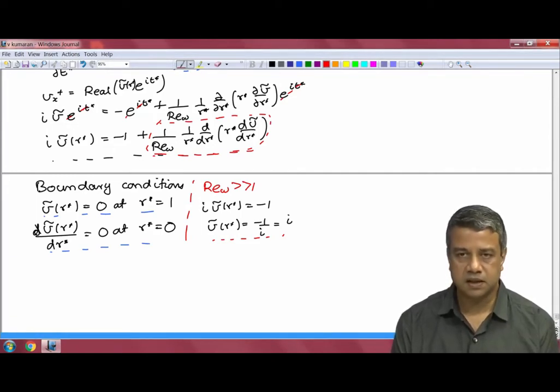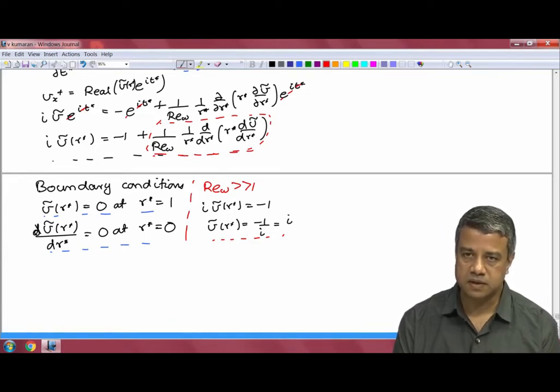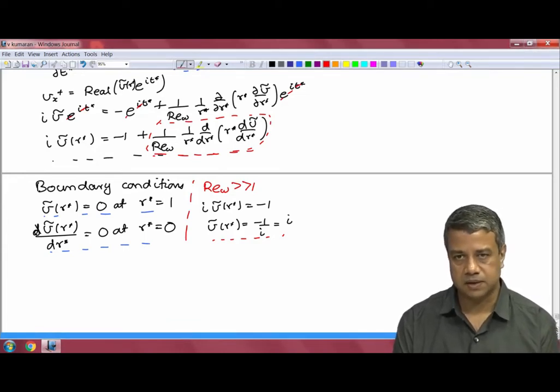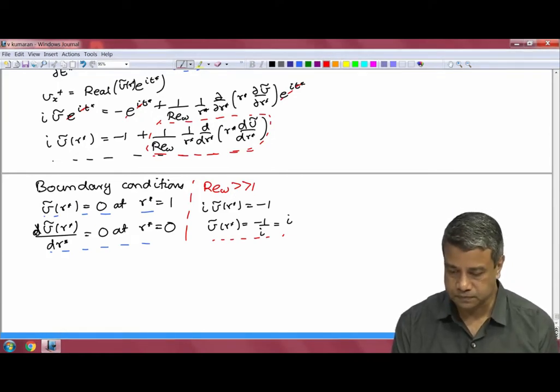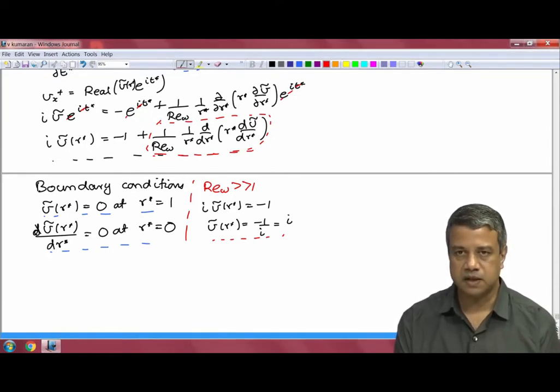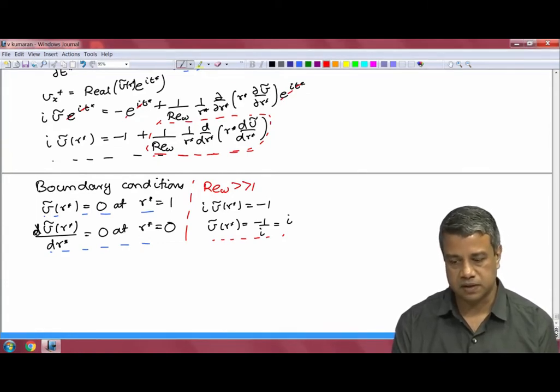When we neglected the highest derivative, then the resulting equation was only an algebraic equation. It was not a differential equation, and therefore, the solution does not contain constants, and therefore, you cannot satisfy the boundary condition. That is the mathematical reason that we are not able to obtain a solution for this equation.